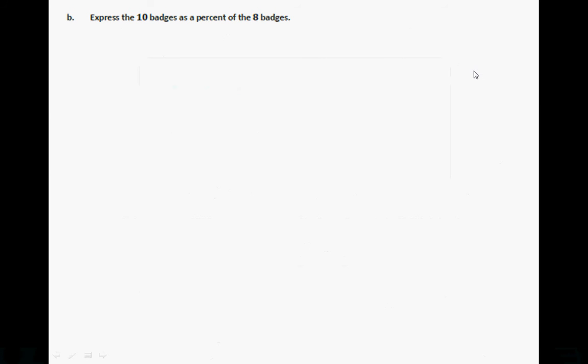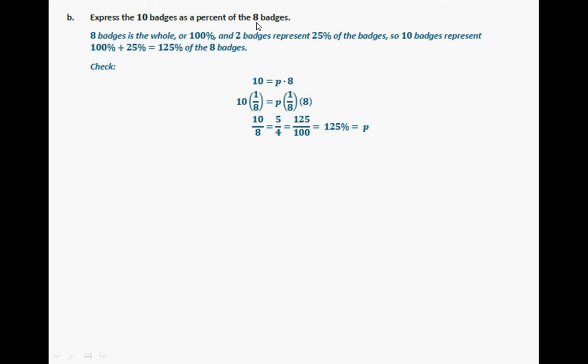So part B, express the 10 badges as a percent of the 8 badges. So 8 badges is the whole. We want to compare 10 badges to 8 badges. So 10 is the part, or the quantity, and 8 is the whole. So 2 badges represents 25% of the badges. So 10 badges represent 100% plus 25%, which is 125% of the 8 badges.